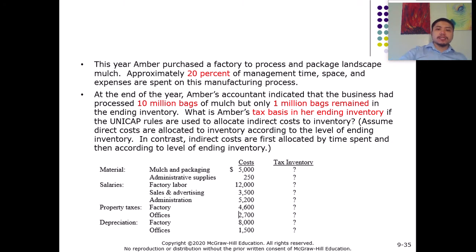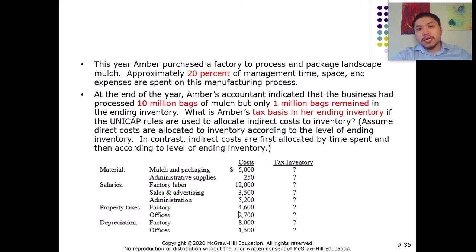All right, so let's get back to our problem. The important point here is that approximately 20% of the management time, space, and expenses are spent on the manufacturing process. Usually, like I said, these costs are expensed under the financial reporting regime, but under UNICAP, they are taken into consideration.